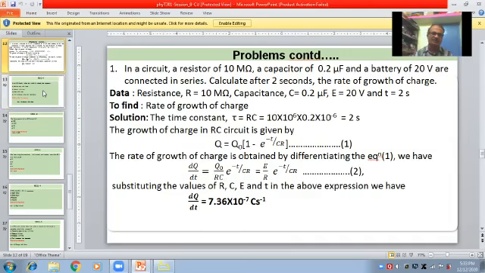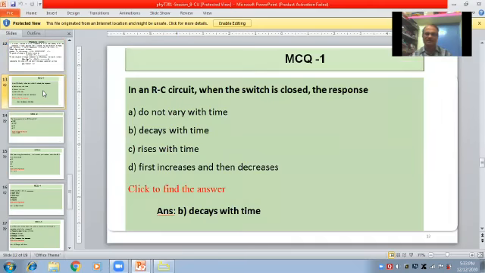So we'll move ahead and we will see one MCQ. In an RC circuit, when this switch is closed, the response is decay with time. This question is a little bit incomplete, because in an RC circuit there are generally two switches.